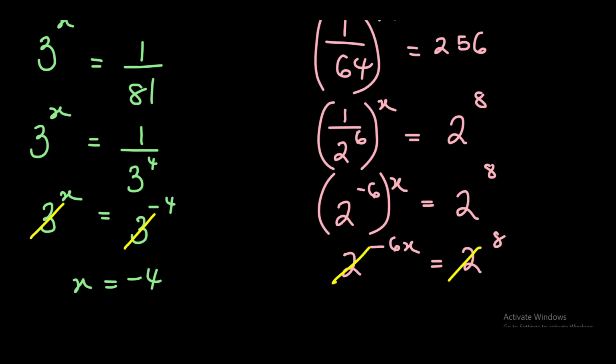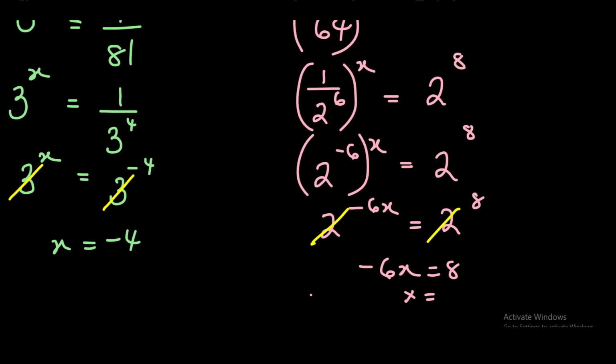Then take the powers, which is minus 6x equals 8. To get x, you divide both sides by minus 6, and 8 divided by minus 6 simplifies to minus 4 over 3.